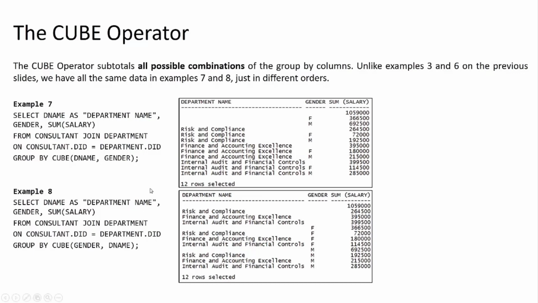So when we're using the cube operator, the order in which we specify the attributes is going to change the order that they are returned in the output, but we're going to get all possible combinations of gender within department, gender regardless of department, and department regardless of gender. Okay, so this is just different kind of amounts of data that we can get back from the DBMS depending on what type of business problem we are trying to answer.